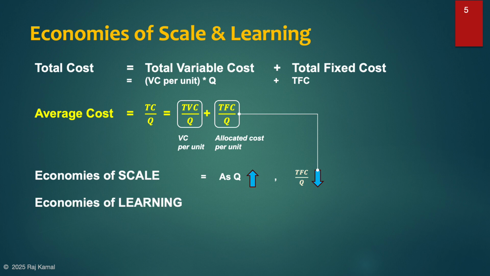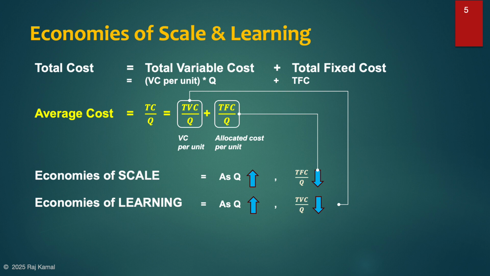In addition, you could also have economies of learning, which means an organization, any company, learns from how it works and improves its processes through efficiencies, through, for example, lean approaches where they're taking out non-value added activities in the process. And as quantity goes up, it actually affects the total variable cost.